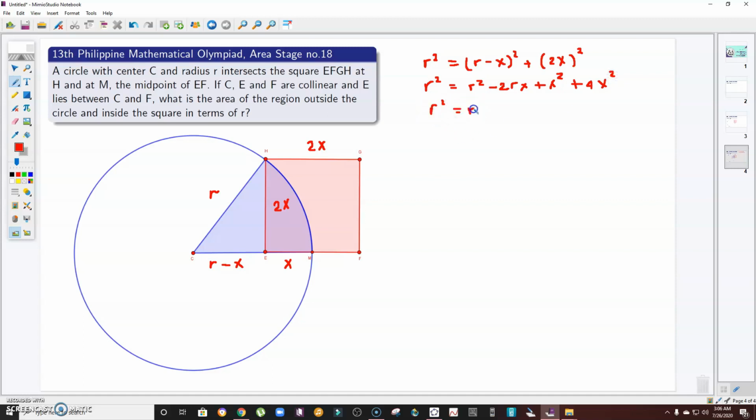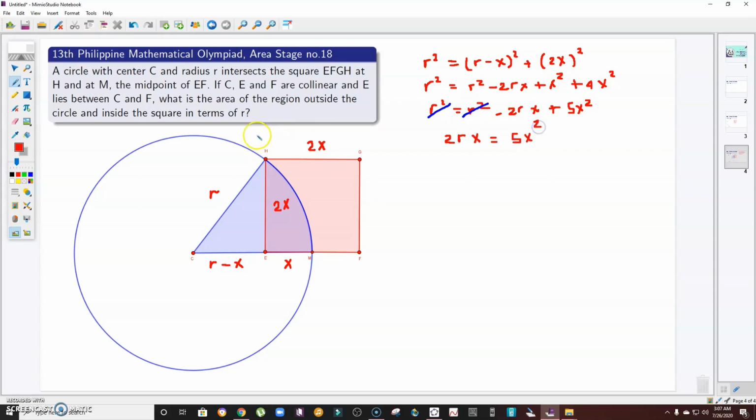So, R squared equals R squared minus 2Rx plus 5x squared. Obviously, we can cancel R squared on both sides. What will be left is, moving it to the left side, 2Rx equals 5x squared.